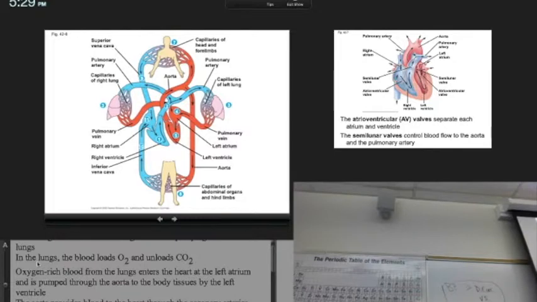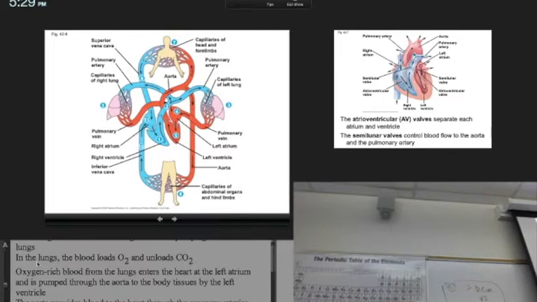So we have the right ventricle here. Remember the right side is dealing with oxygen poor, and this is an artery. Yes, that's the word for it. So this is an artery, and it's an oxygen-poor artery. In fact, it's the only oxygen-poor artery in the body.